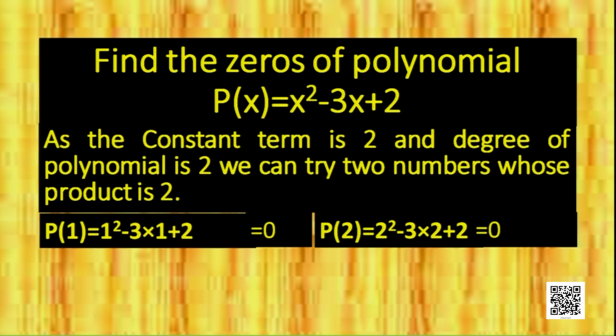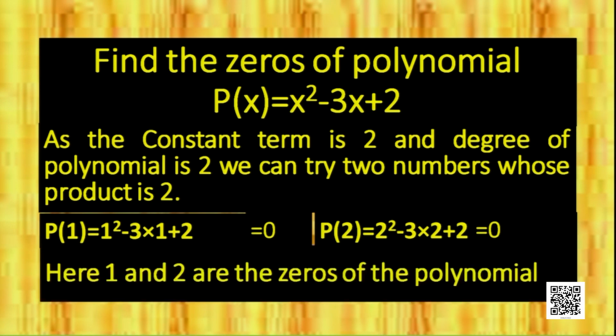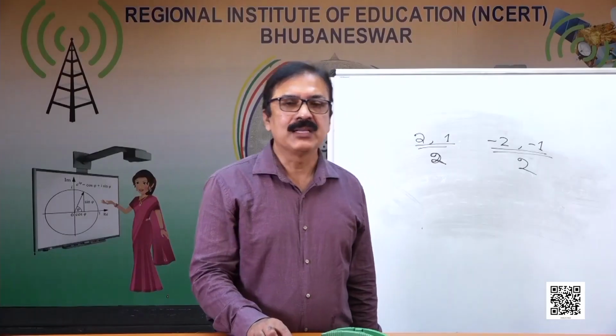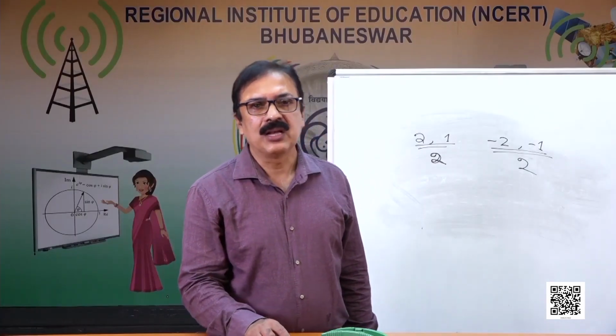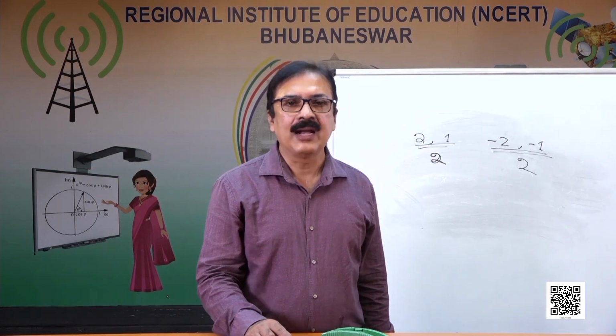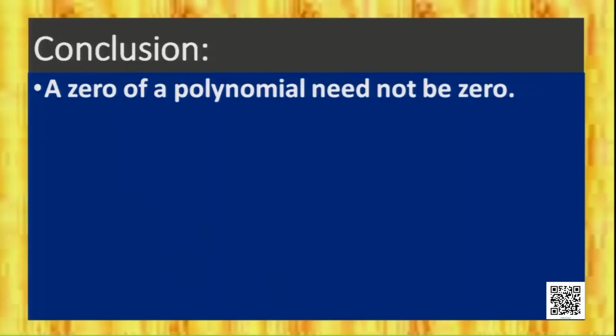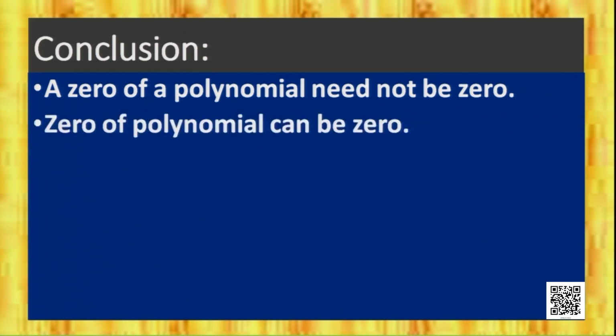One is 1 and the second one is 2. So from all these discussions, we conclude that a 0 of a polynomial need not be 0, and 0 of polynomial can also be 0, as we saw.